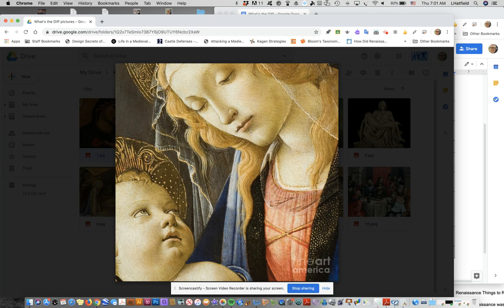You can see the shadow under her lip. You can see shadow under her eyes. She looks like a real person. You can see the realism here. You'll notice there's also the halos here. So this was something that didn't necessarily go away. This is an earlier Renaissance painting, but you can clearly see the difference between the two.